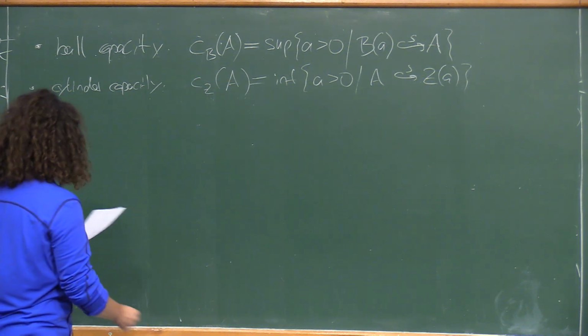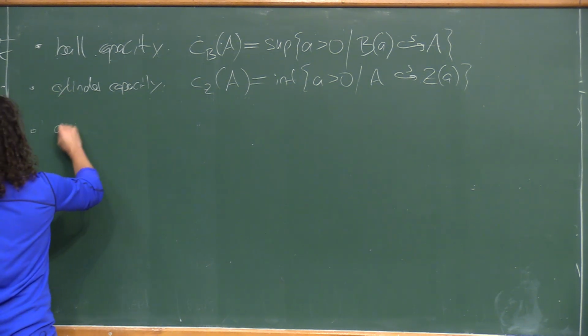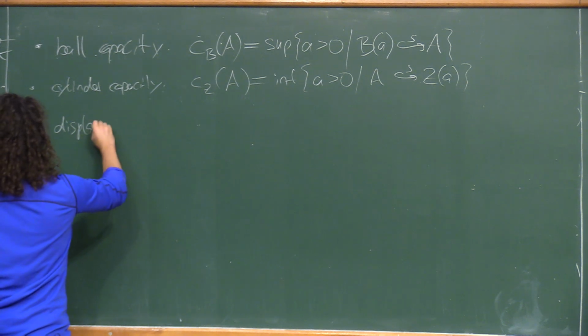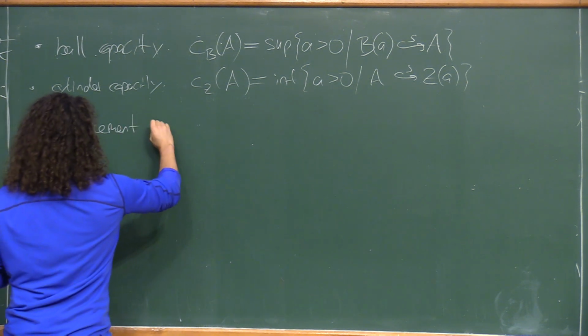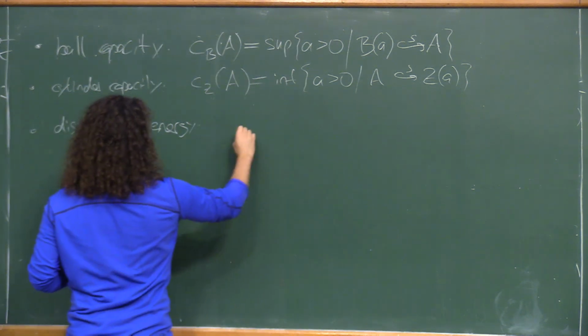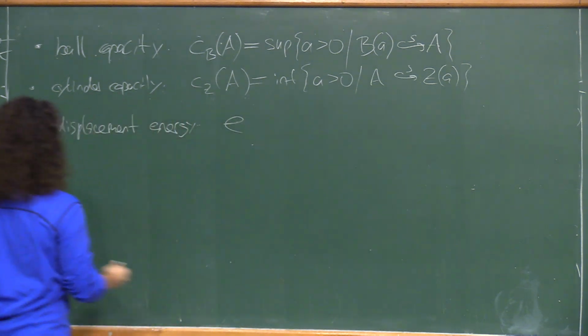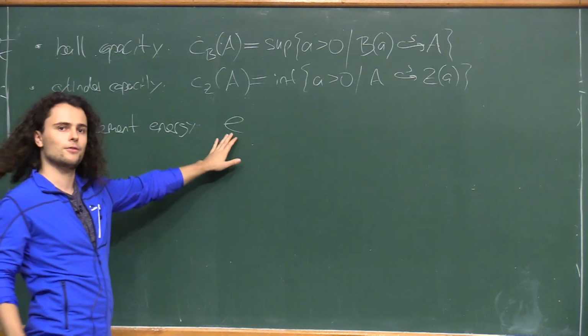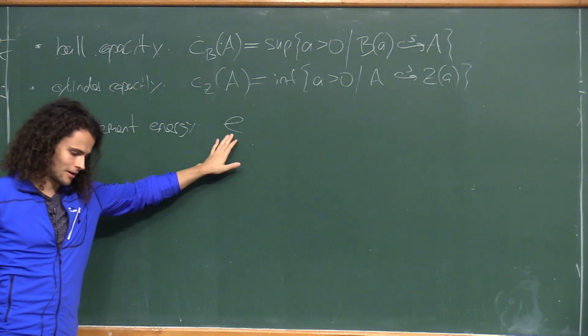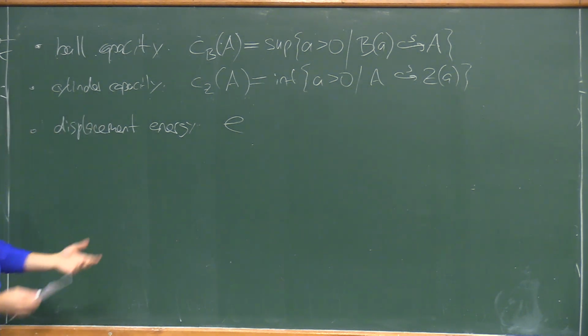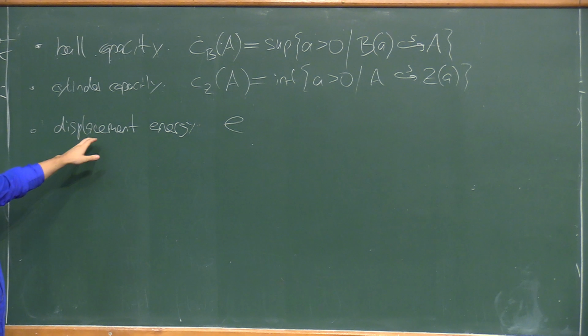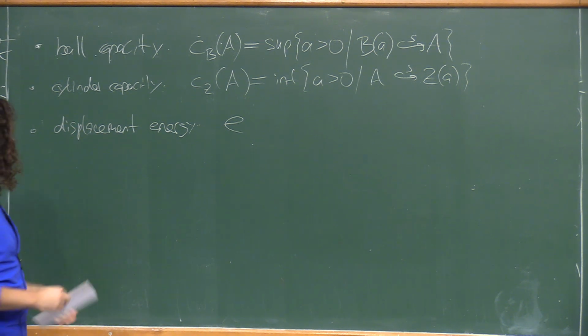So for example, there's what is called the displacement energy E, which is based on Hofer geometry. There I measure the smallest Hofer energy of a Hamiltonian diffeomorphism that displaces my set from itself.